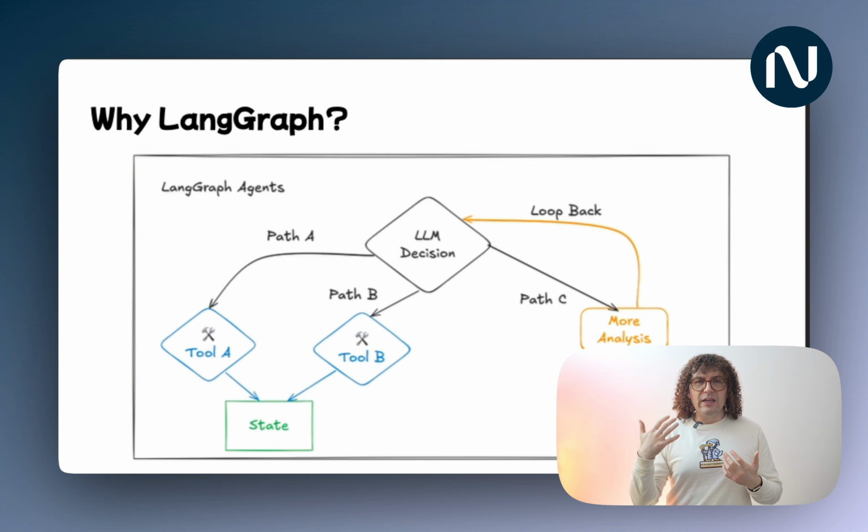Well, once we have this type of setups, we see that it gets quite challenging. And likely, the code that we will generate to wrap these processes might not be that robust. And once we want to extend it, we will face multiple challenges. So here's where LangGraph comes in.